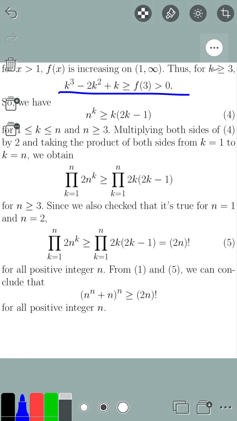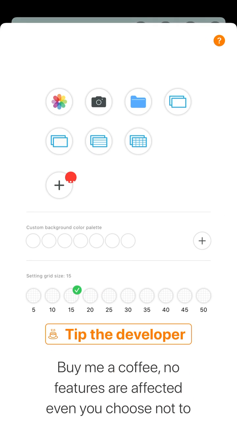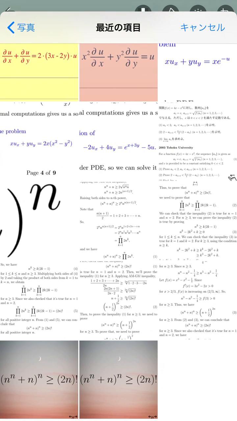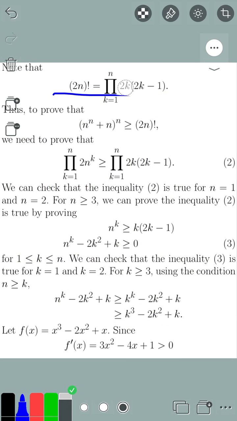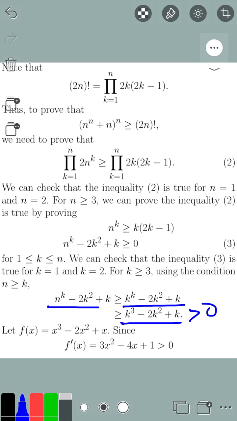Using this inequality that we just proved with the function f of x, let me go back to the last slide for a moment. We proved that this thing is larger than or equal to this thing, and that is larger than or equal to this thing, and this thing is larger than 0.